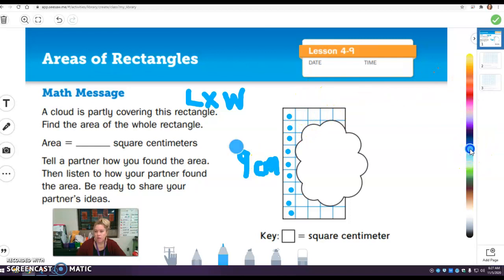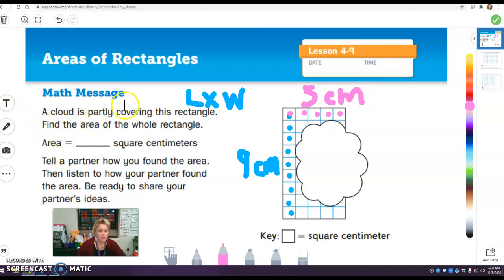Now I'm going to change my dot to figure out how many I have going across the top because that isn't covered either. And I have 1, 2, 3, 4, and 5. So I have 5 composite units or centimeters up here at the top.